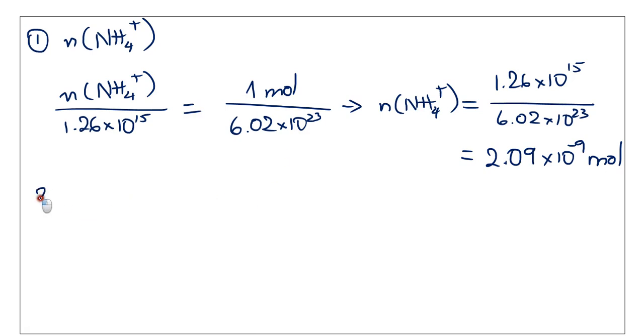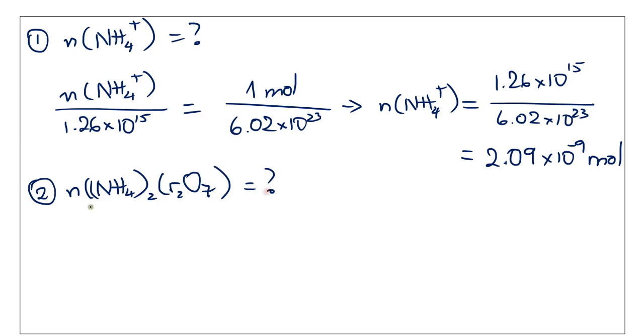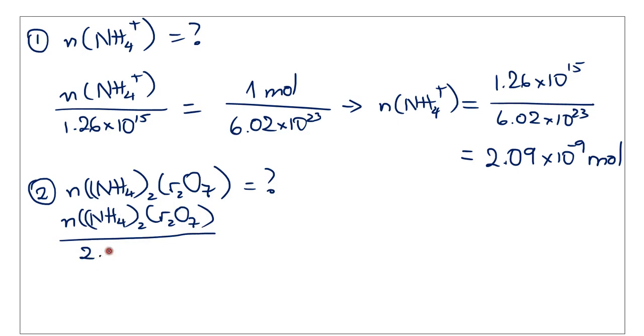And then from here, I'm going to find the number of mole of the ionic compound. So I'm going to find the number of mole of ammonium dichromate using the mole ratio that I just created earlier between ammonium dichromate and ammonium ion. So this over 2.09 times 10 to the negative 9.